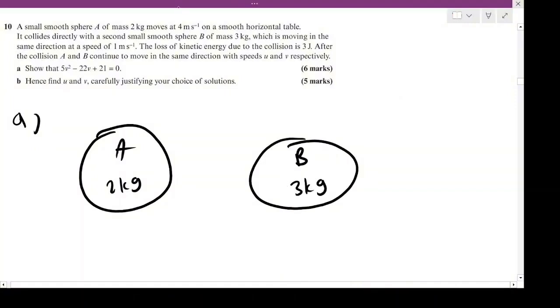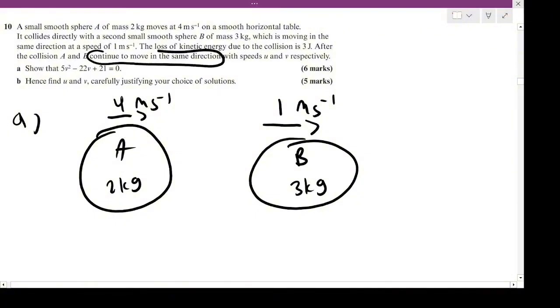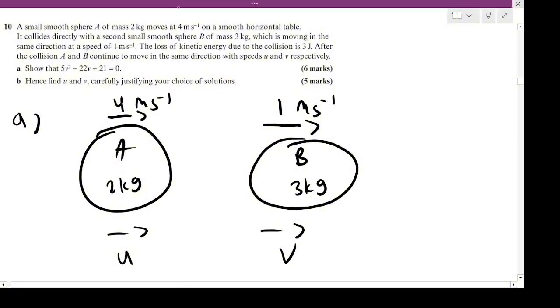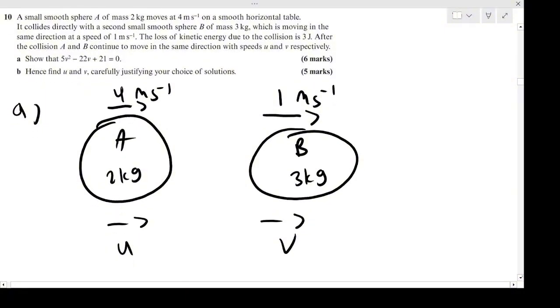A is moving with speed 4, so it's going to move here with speed 4. Then B, I'm told it moves in the same direction, so it's also going to move to the right, with speed 1. Hopefully happy with that. Then I'm told they continue to move in the same direction afterwards. So for A, the speed is U, and for B, the speed is V here. Hopefully happy with that.